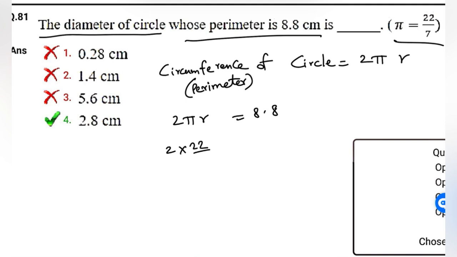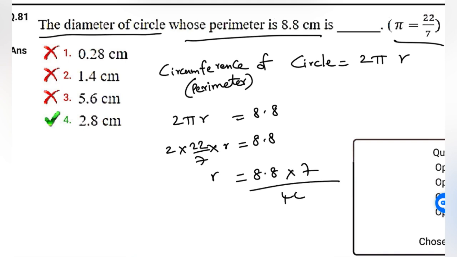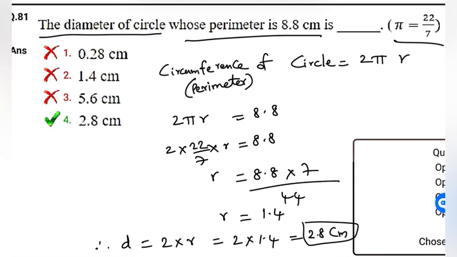So 2 into 22 by 7 into r is equal to 8.8, and r is equal to 8.8 into 7 by 44, and radius is equal to 1.4. We know that diameter is equal to 2 into radius, which is equal to 2 into 1.4, that is equal to 2.8 centimeters.